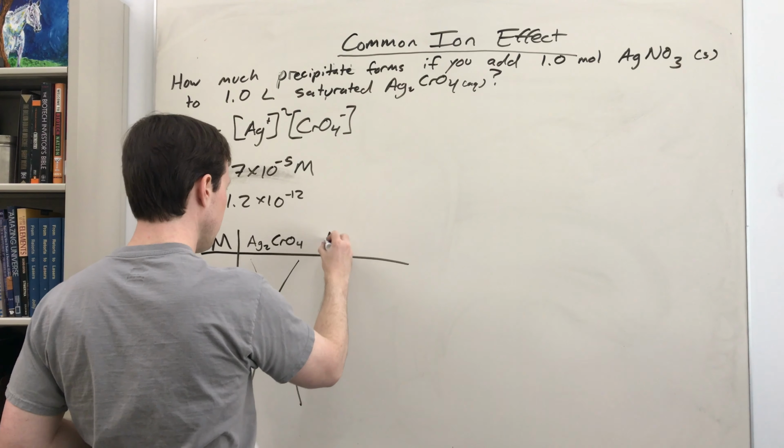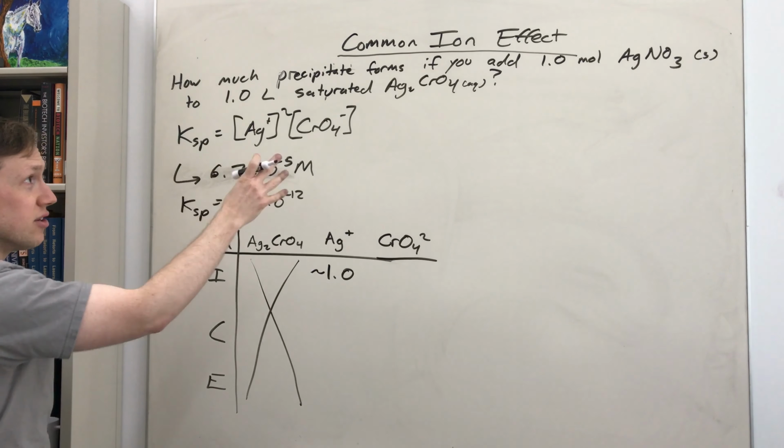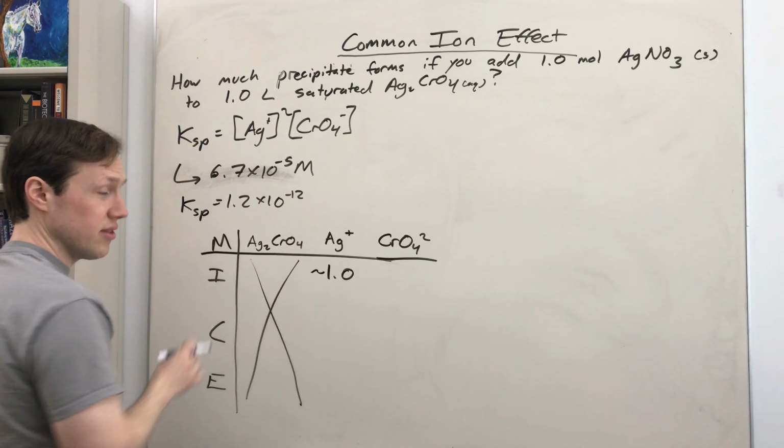So we had 1 mole of silver nitrate in 1 liter. That means that since we're talking about molarity here, this is going to be around 1 molar. Again, you might have to do a calculation to determine this molarity. We also know the concentration of our chromate because it's coming from our previous calculation.